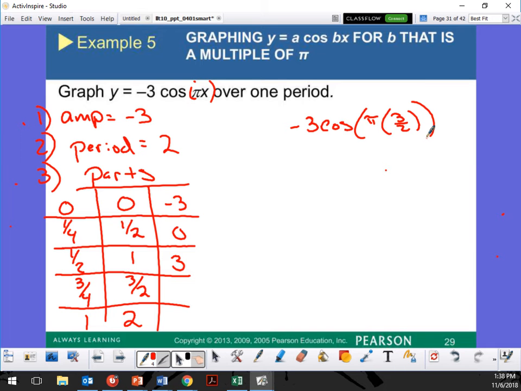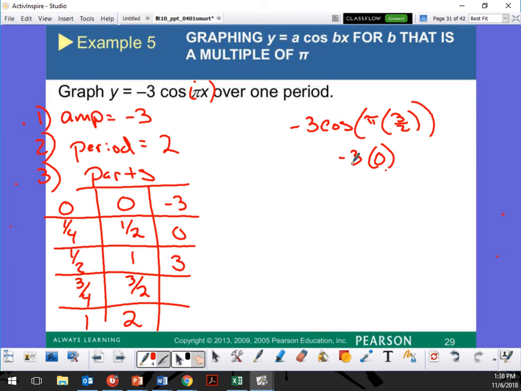You're substituting 3 pi over 2 right here, because I got these from my parts. This is yesterday's stuff. So I get 3 pi over 2. So from the unit circle, cosine of 3 pi over 2 is 0.